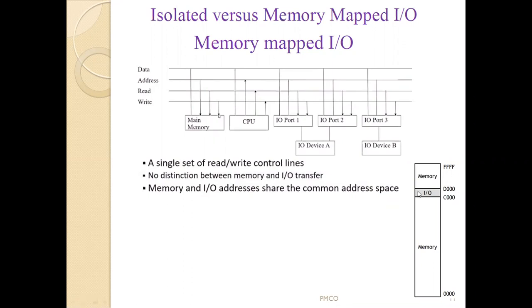Some addresses refer to physical memory locations, and other addresses refer to the peripherals. That is the meaning of memory and I/O addresses sharing the common address space.